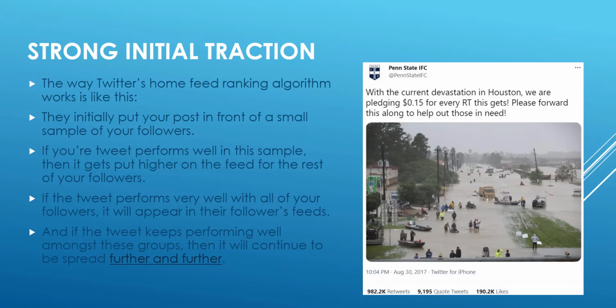And if the tweet keeps performing well amongst these groups, then it will continue to be spread further and further. So in order for a tweet to go viral, it must first perform well with a small sample of your followers. Let's see.